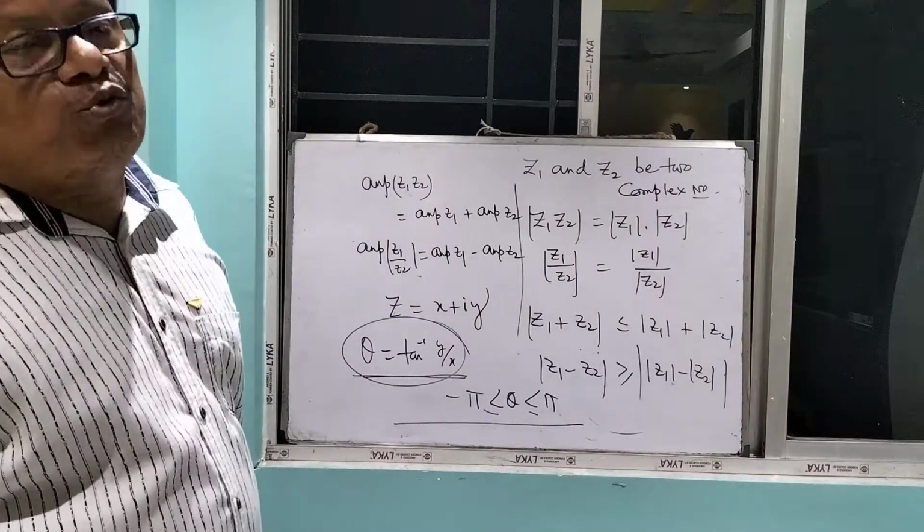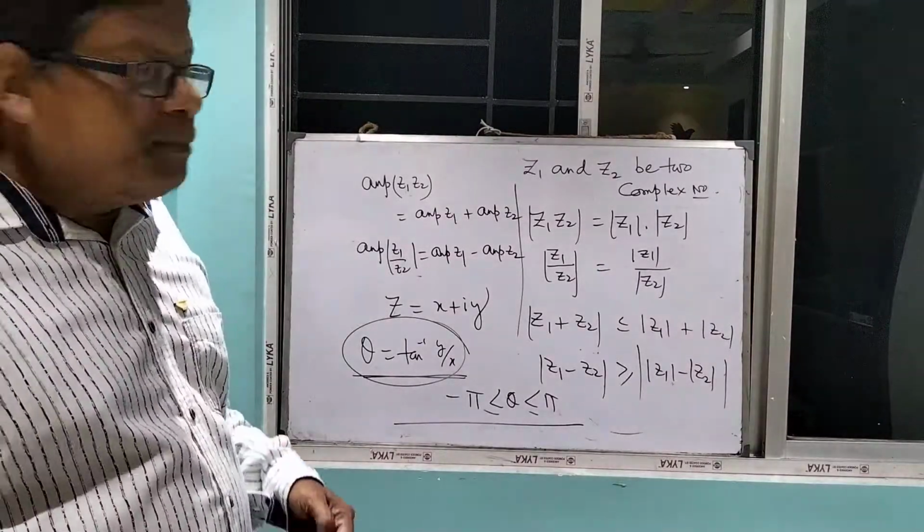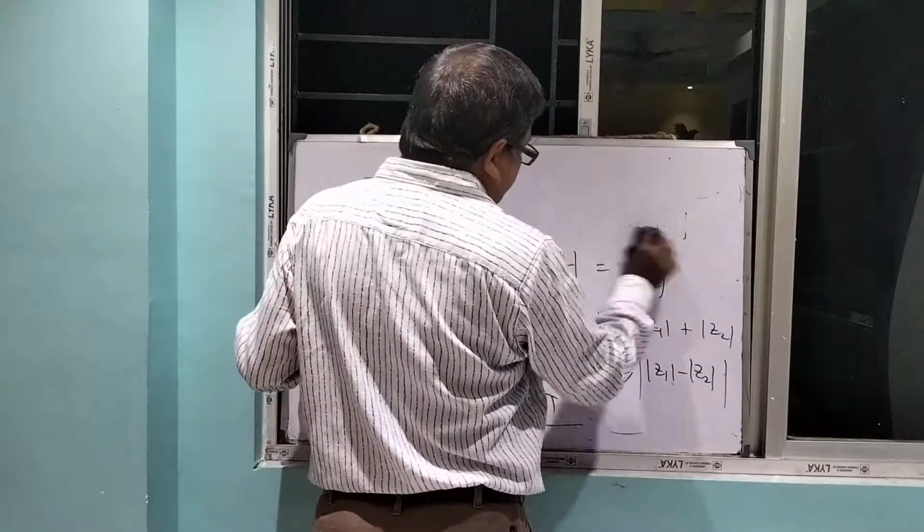Suppose the point is in the first, second or third quadrant, then how to find the amplitude? Wait, I am explaining here.